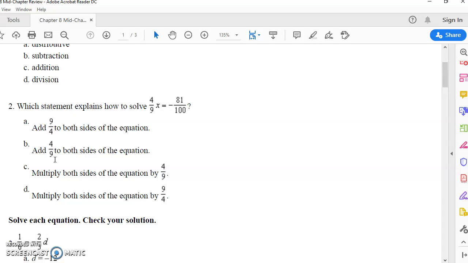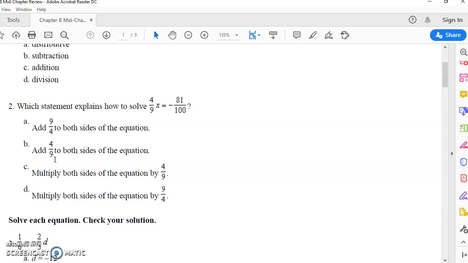You have to apply your knowledge with dividing fractions. And remember, when you're dividing fractions, you take the divisor and find the reciprocal. In other words, you will multiply both sides of your equation by the reciprocal of 4/9, which is 9/4.